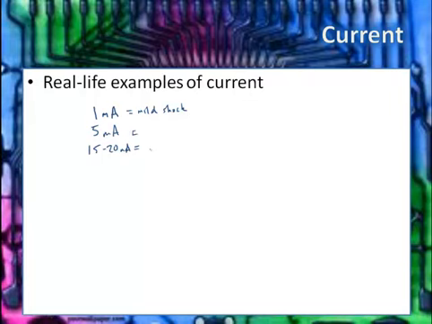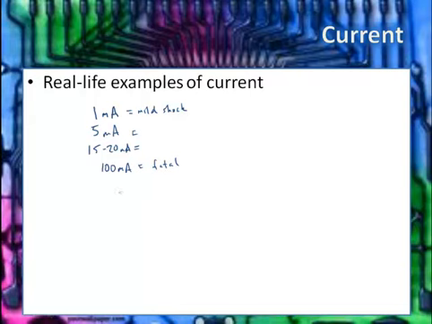That might mean you can't let go of a wire and it would just continue to run current through you. And potentially 100 milliamps might even be fatal. And so you want to be careful when working with current to make sure that you don't have a lot of it running through your body.